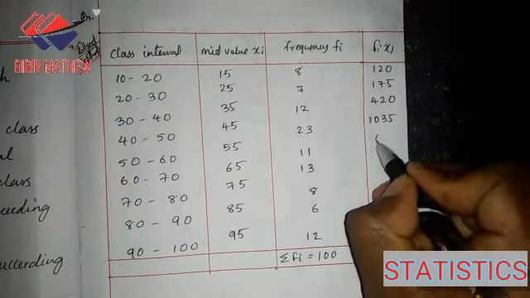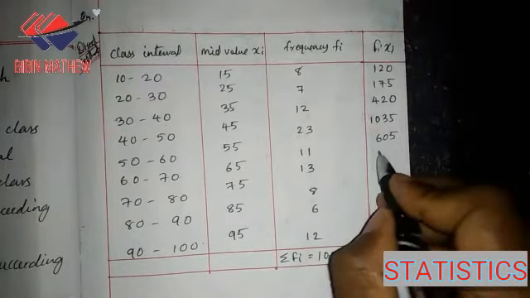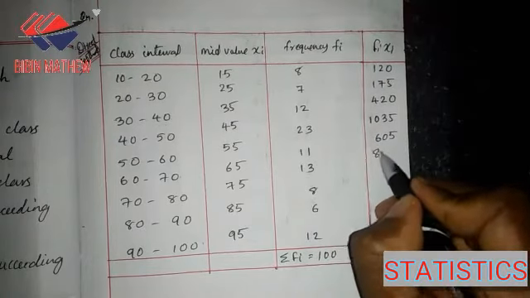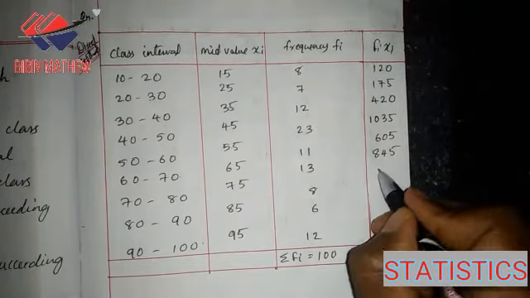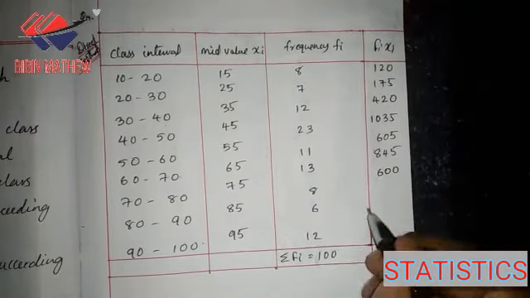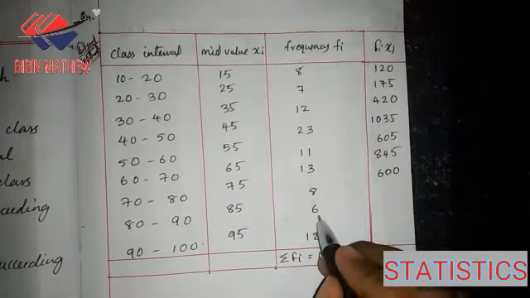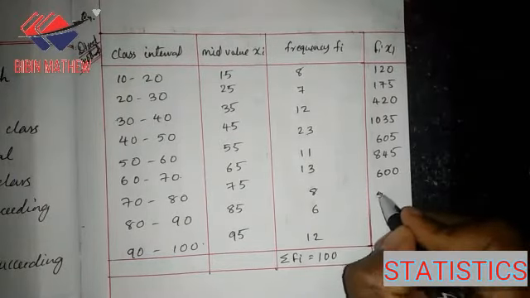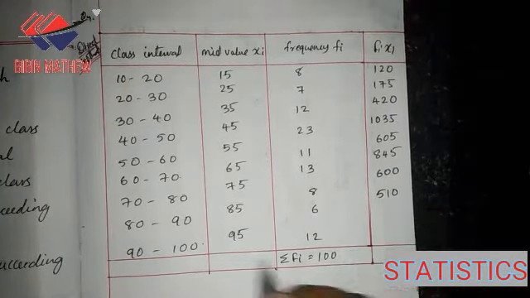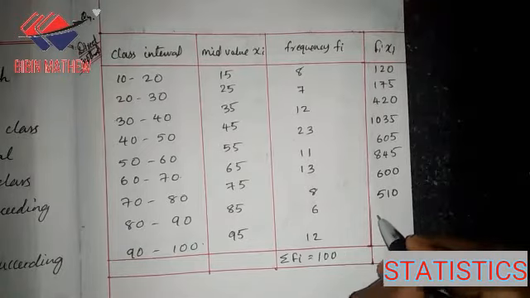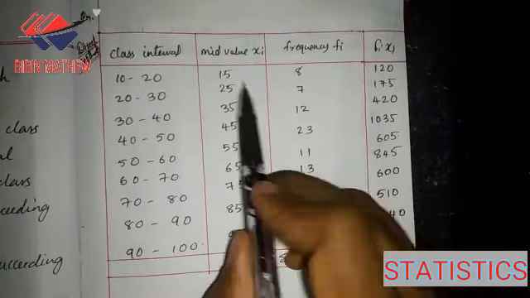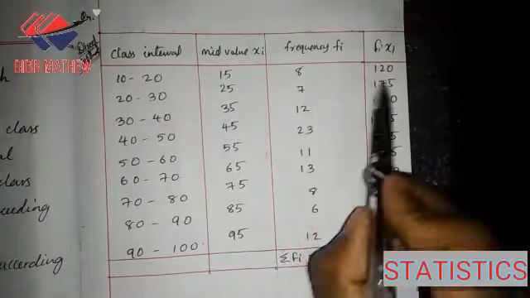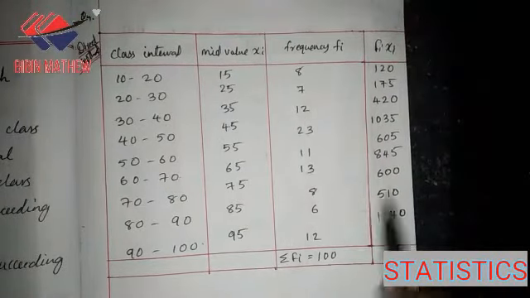The next one, 605. Then 845. Next one, 600. Then this one, 85 into 6, it is 510. 95 into 12, 1140. You multiplied all the numbers. I multiplied these two and wrote it, like that. Multiply them together right here.